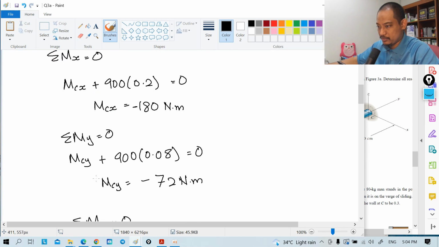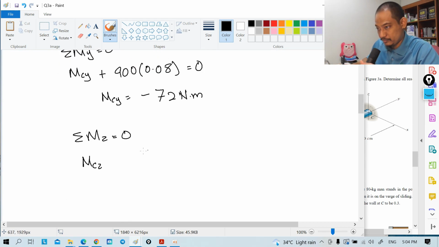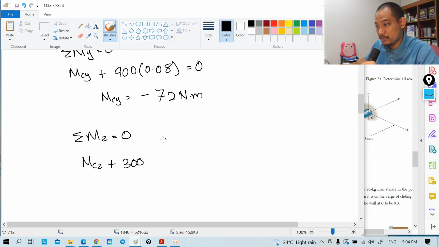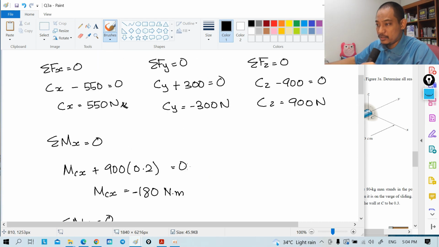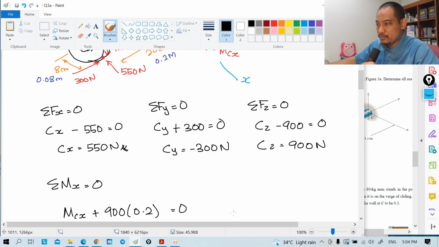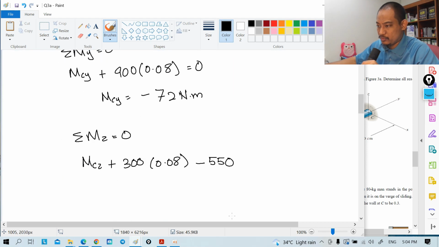So plus 300 counterclockwise with the distance of 0.08, and then minus 550 times 0.2 equals 0.